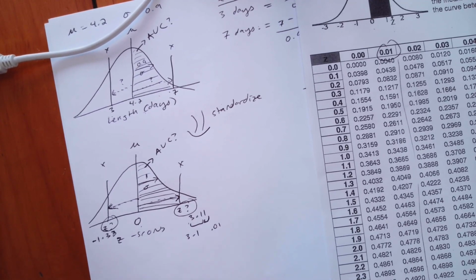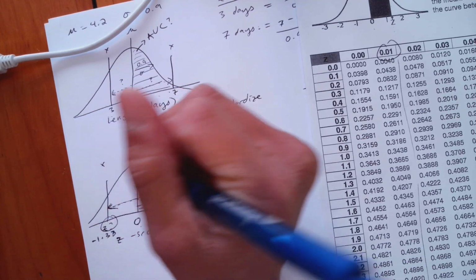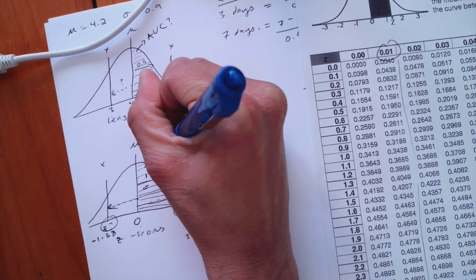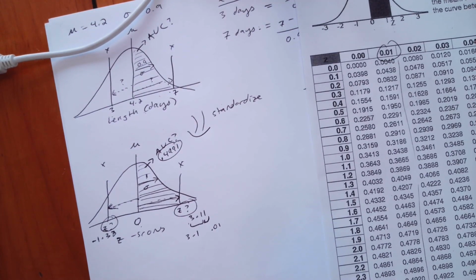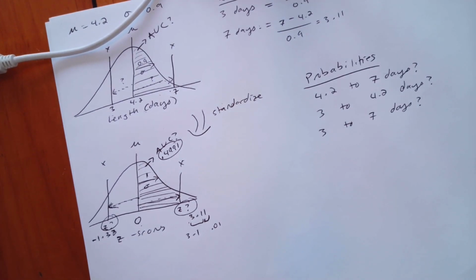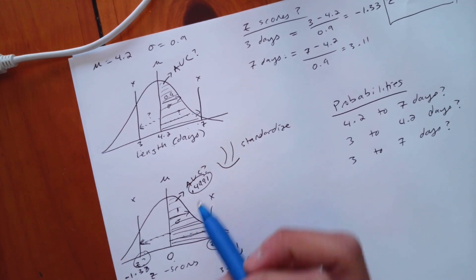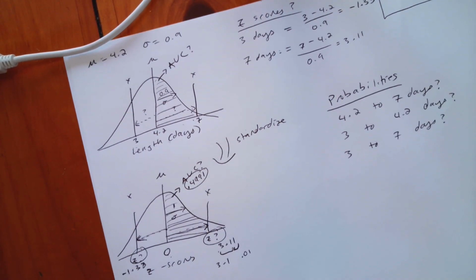So this tells us that on our standard normal distribution, our area under the curve is equal to 0.4991. Notice I didn't calculate anything, I just looked up my z-score on the table to find this answer. So now we know that our area under the curve is 0.4991 on our standard normal distribution.